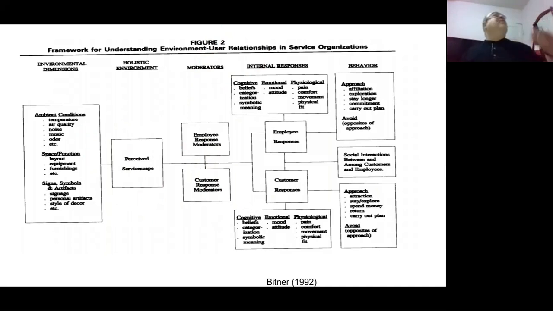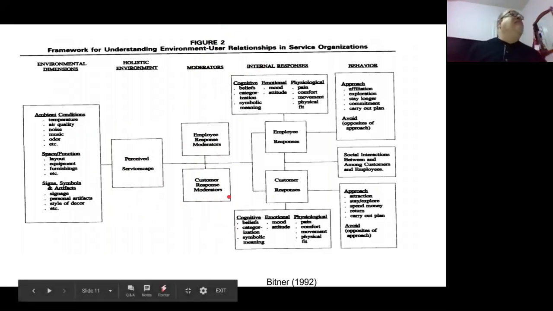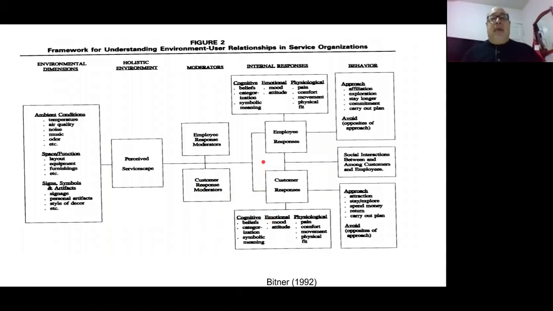If the guests look around and they can't find where the hostess is at a restaurant, or at your event, if they can't find the meeting rooms because there's a lack of signs, that's going to moderate their behavior response. And ultimately, it could create approach or avoidance. But the way that it's going to do that is through these cognitive, emotional, and physiological responses.